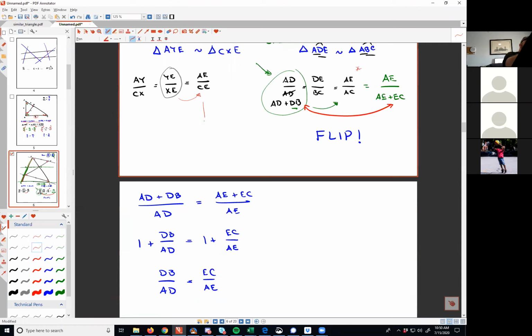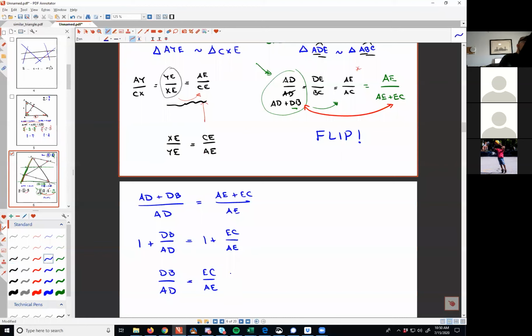EC over AE, well, that's the reciprocal of that right there. And XE over YE is equal to CE over EA. I'm just taking the reciprocal of those two ratios right there.